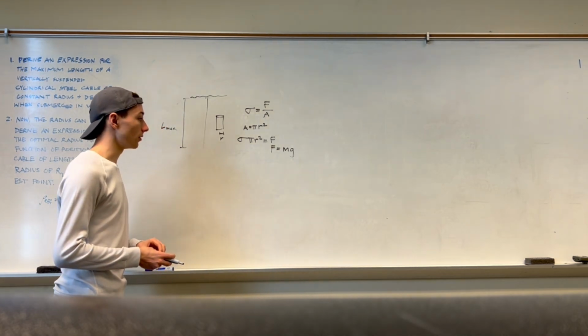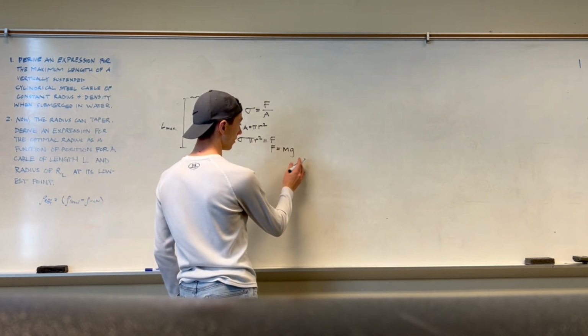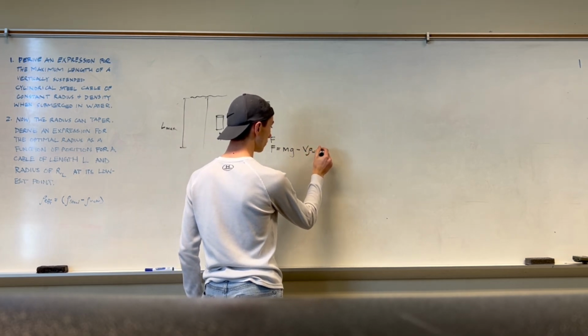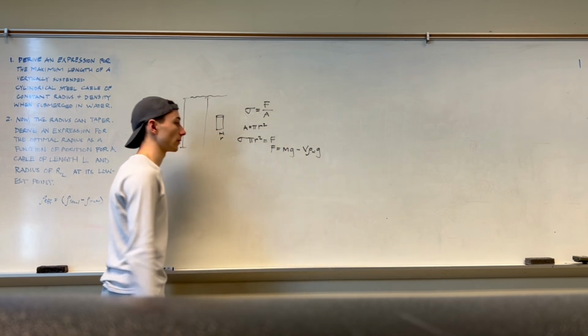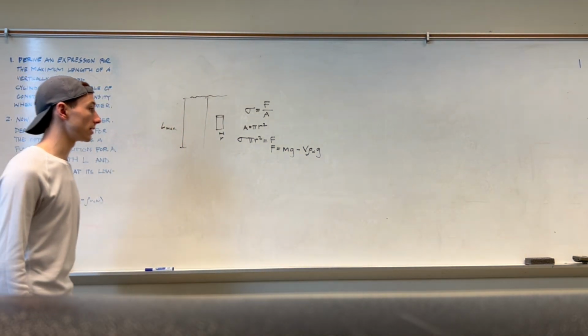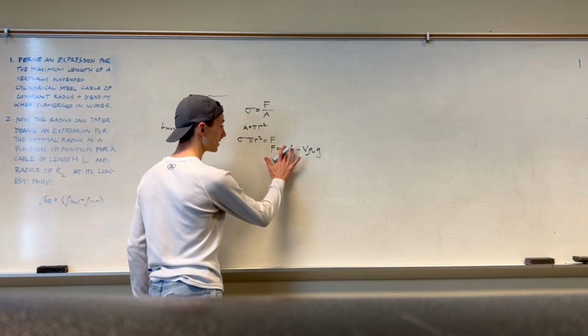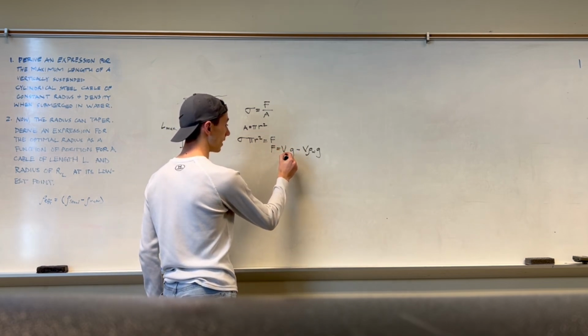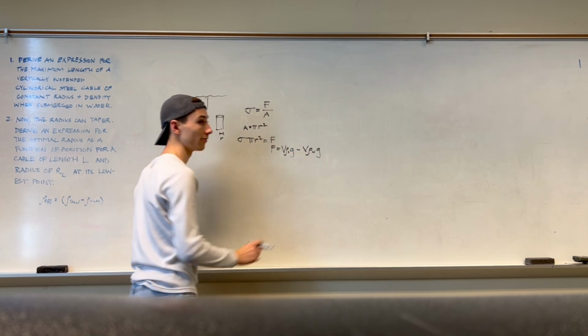Okay, so we have to factor that out as well. Well, this is pretty simple because we know that the mass of the cable is simply equal to the volume of the cable times the density of the cable itself.